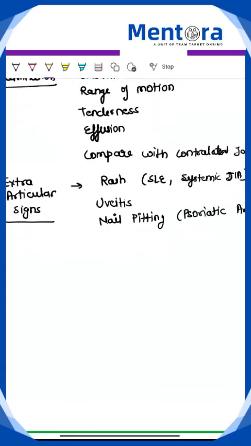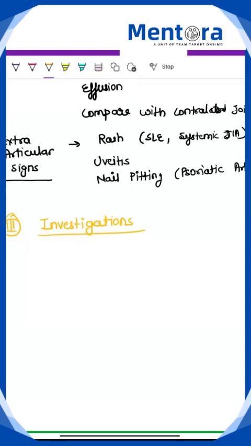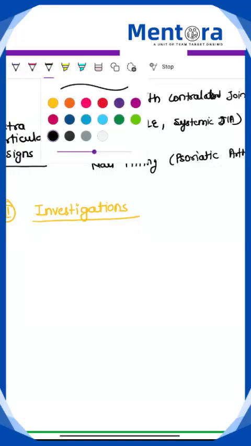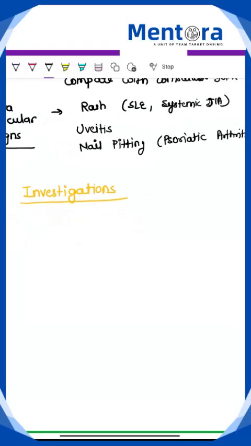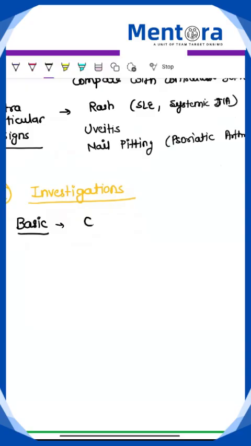After the physical examination, order some laboratory investigations. Basic investigation: CBC, ESR, CRP.